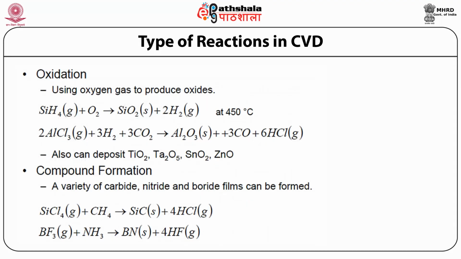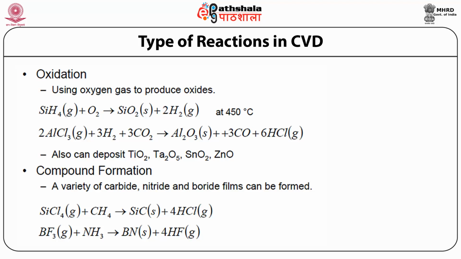In this slide, the other forms of reactions shown are oxidation and compound formation. In oxidation, we oxidize materials like silicon hydride to get a silicon oxide layer, and H2 gas goes out. And similarly aluminium chloride, we oxidize it to Al2O3.